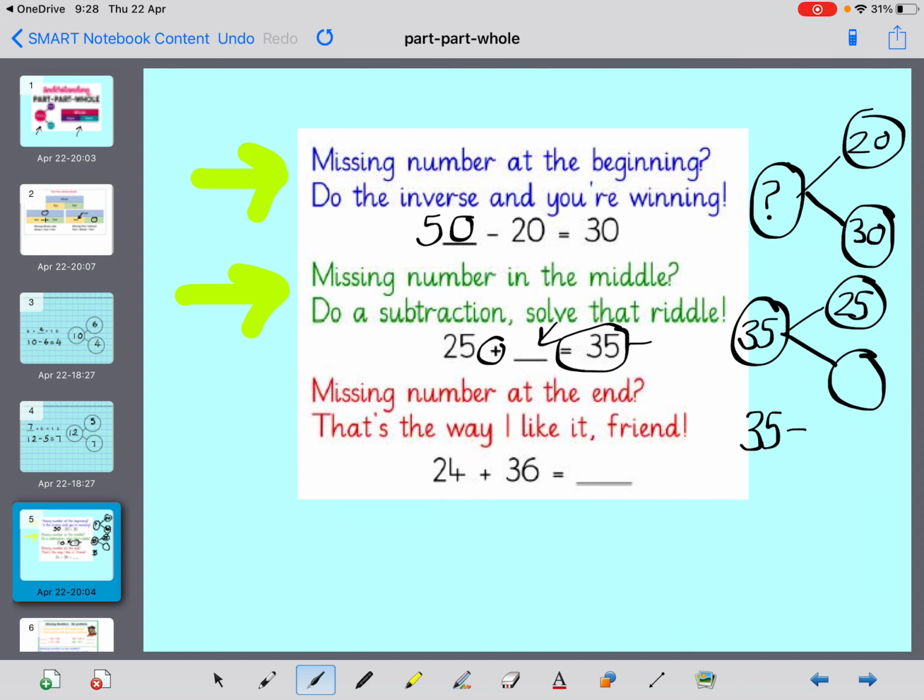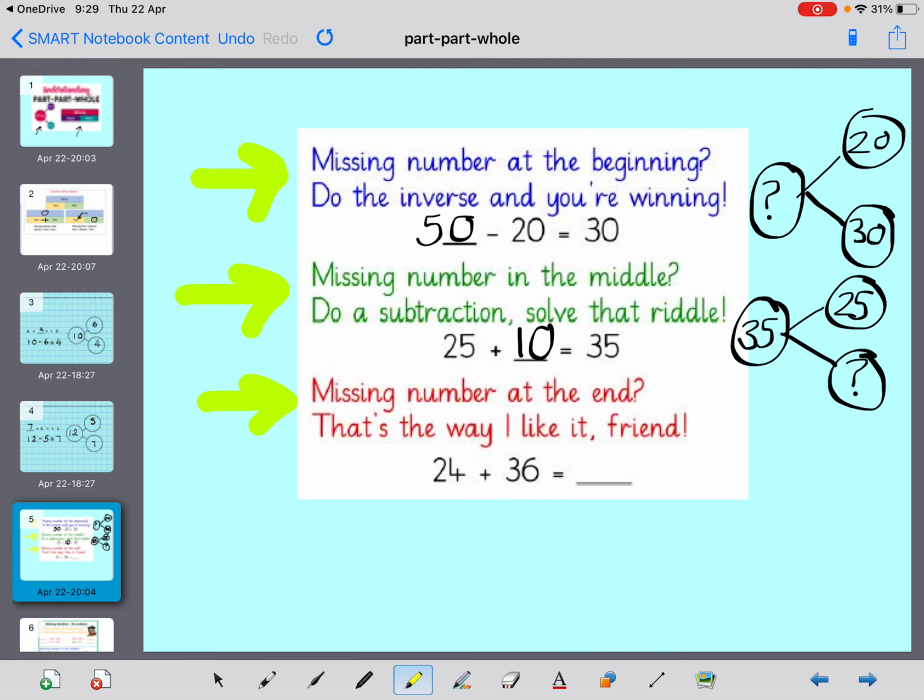I can do 35, my big number, take away 25, and that will give me this answer. So my answer is 10. I find that drawing out the part wholes and looking through the numbers really helps me to solve these problems.